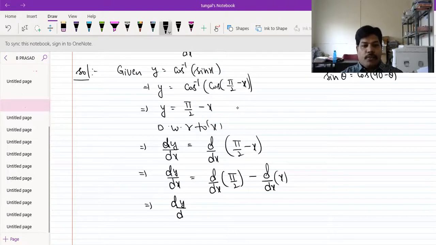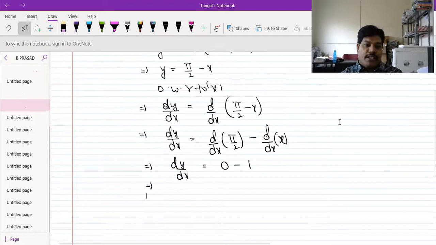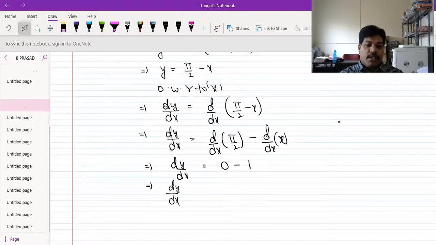What is the derivative of pi by 2? It is a constant. The derivative of x will become 1. So dy by dx is equal to minus 1.